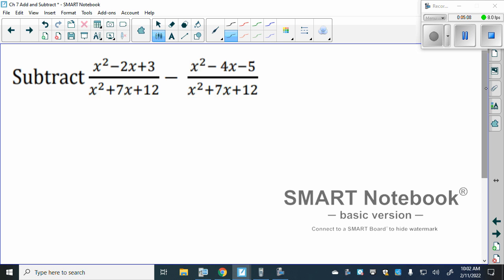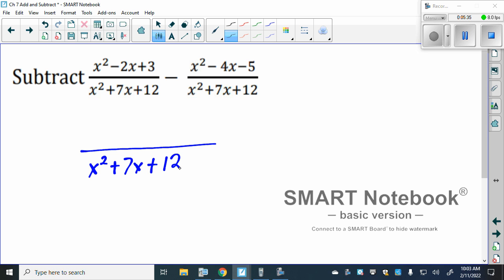We would still want to factor them eventually, just to make sure there's nothing in common on top and bottom. But we are going to be able to subtract them. We'll factor them in a minute. Let's see what the numerator does first.